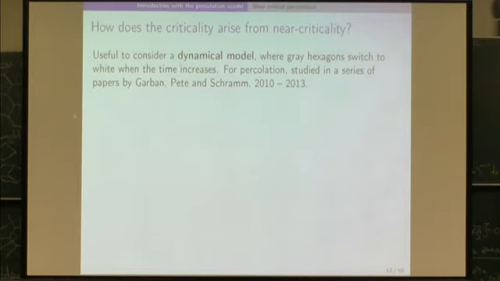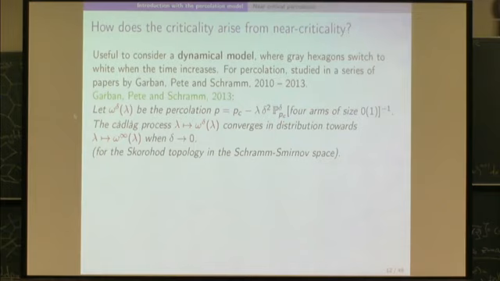And for percolation, this has been studied in a remarkable series of papers by Garban, Pete, and Schramm. One of their results is that if you take percolation with a parameter p, which is equal to p_c at the initial time, lambda equals 0, and then it decreases with exactly the correct factors that I gave you here, so that at time lambda you are in the near critical regime, then it converges in distribution towards a continuum object when the mesh size delta goes to 0.